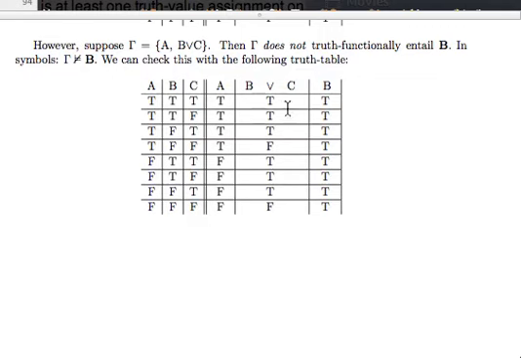I kind of lied. But this will be instructive. So we look here now. We need to be looking at this row, this row, and this row. And that's it, right? We just need to be looking at those truth value assignments on which both of those sentences come out true.